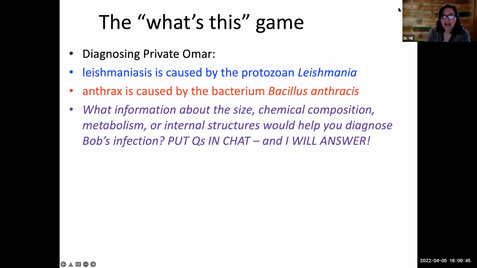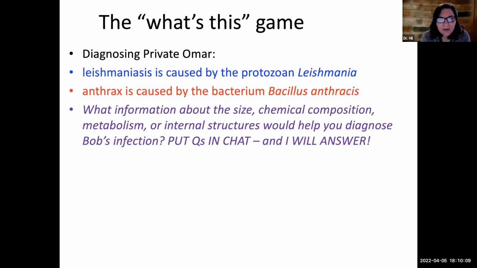If you were running tests, what would you need to know in order to diagnose this individual? And the test can't be, is it Leishmania or is it Bacillus anthracis? The test has to be something like, what is the size of this causative agent, or what is it made of chemically, or what kind of internal structures does it have, or this kind of question.